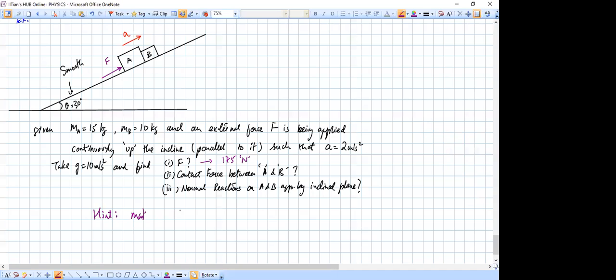Make the FBD of A plus B as a combined body because they move together. Just do this and you will get the answer for the force.